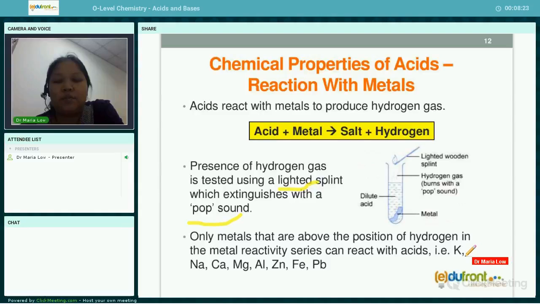Such metals would be potassium, sodium, calcium, magnesium, aluminum, zinc, iron, and lead. All these metals are capable of reacting with acids to give you salt and hydrogen gas.